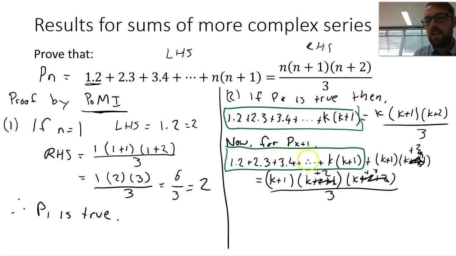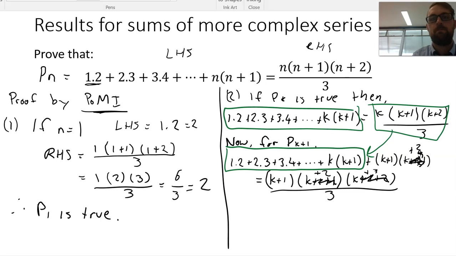Okay, so those two are the same, but we said that this original one was equal to this. So I can substitute this into there because they're equal. We've proven that they're equal, so we can put them in. And that's exactly what I'm going to do.